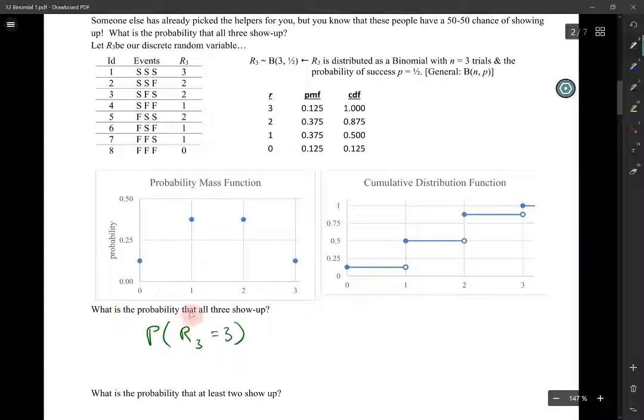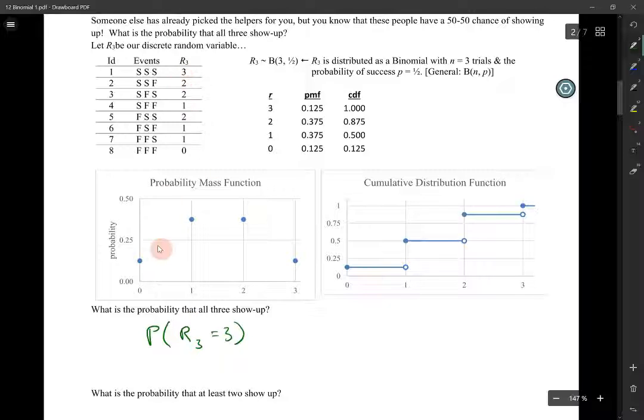We want the probability that when you count the number that show up, three show up. So this is how you translate a natural language question into the mathematical formalism that allows you to answer the question.